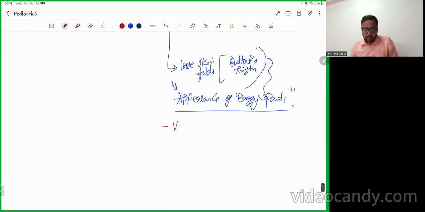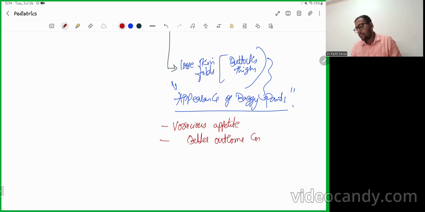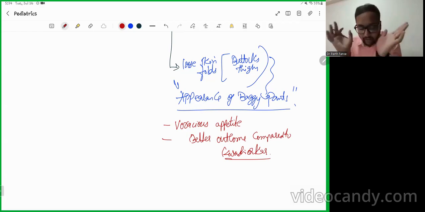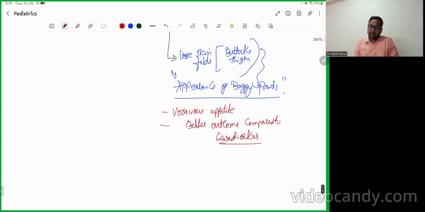They have a voracious appetite, meaning however much you give, they can eat it without hesitation. And they have a better outcome compared to kwashiorkor.